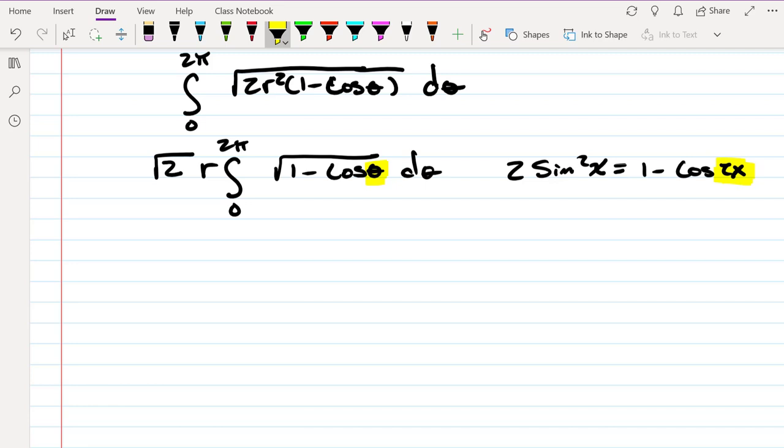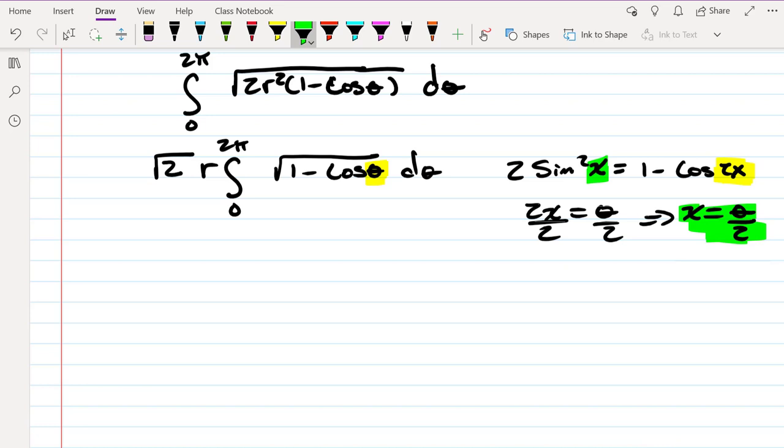If we have 2x is equal to theta, then x is going to be theta over 2. So we replace our x with theta over 2.